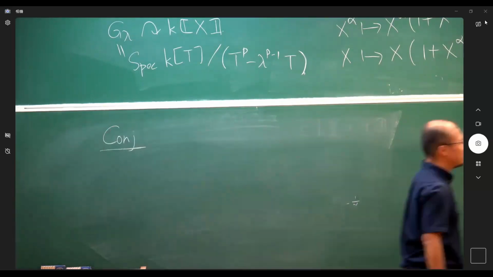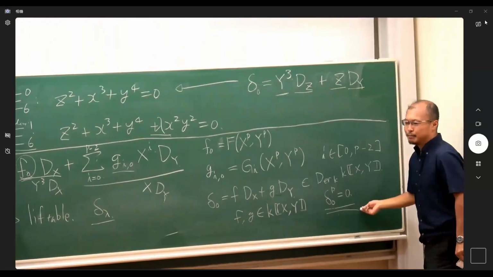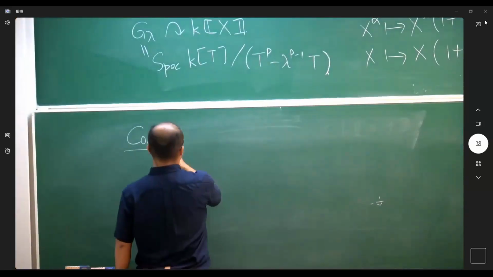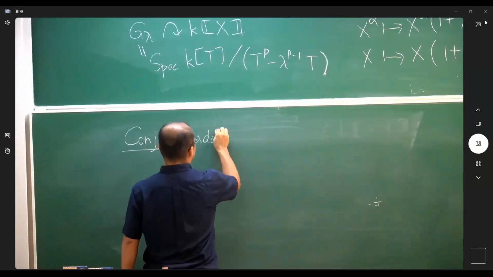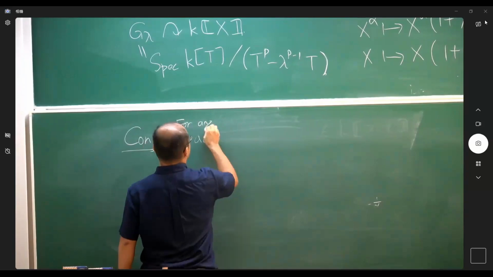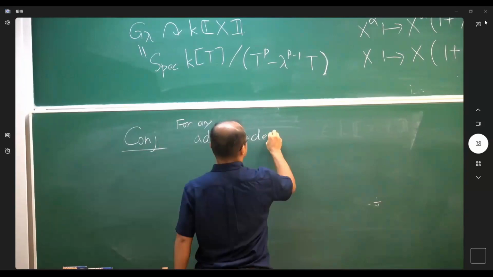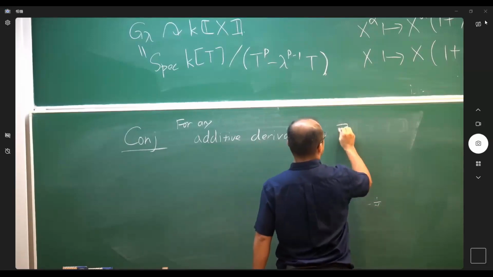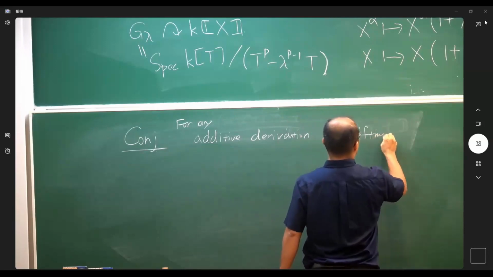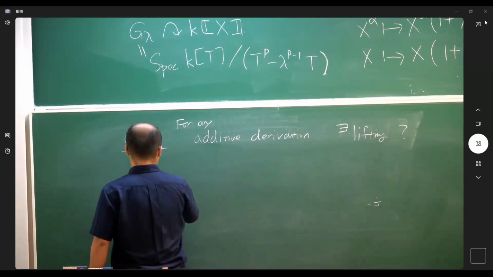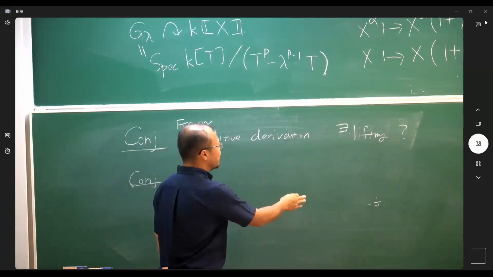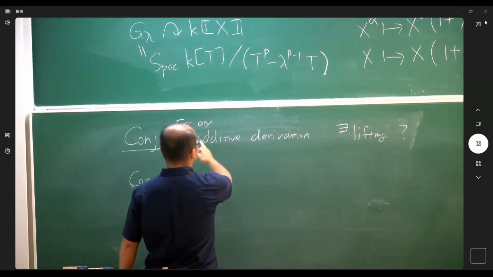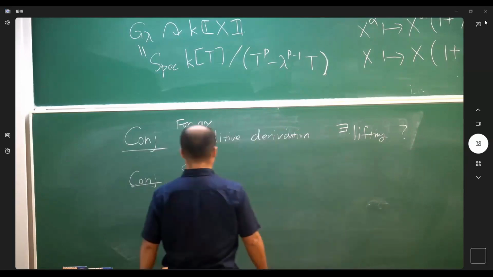Liftability of additive, alpha p, is one of the conjectures: for any additive derivation, a lifting of this delta. We do not have a good reason for it.